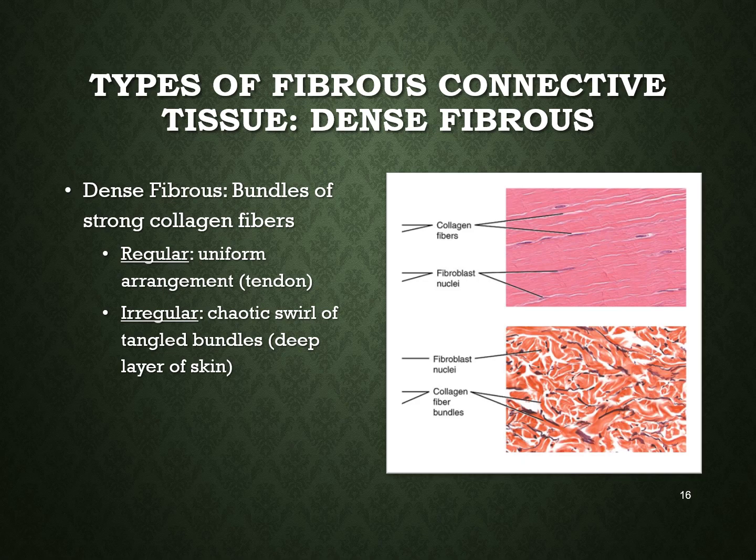Regular dense fibrous tissue has a very uniform arrangement like the top picture and is typically composed of tendons, and then irregular dense fibrous tissue is characterized by a chaotic swirl of tangled bundles like you can see in the bottom image, and this type of tissue typically comprises the deep layers of the skin.